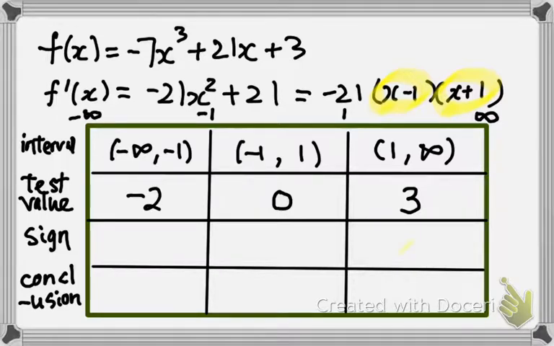So I pick 3, and when I put a 3 inside here, I get 3 minus 1, that's a 2, and then 3 plus 1 is a 4, and then there's a negative 21. If you multiply these three numbers together, do you get a positive or negative number? Negative, so you put negative.